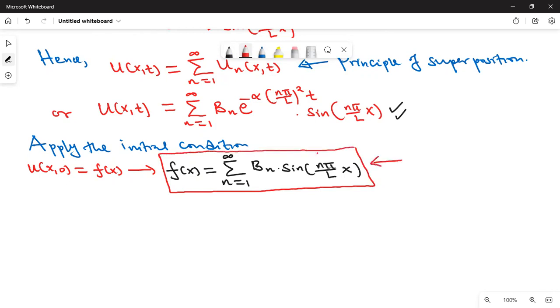So you can talk of this as a half-range Fourier sine series.